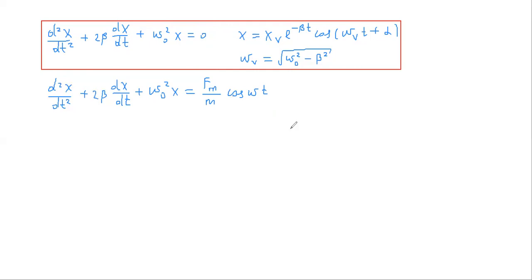And what to do in this case? In this case, we can try to find the solution as a sum of the general solution of the differential equation with right side equal to 0 plus a partial solution of the differential equation with non-zero right side.